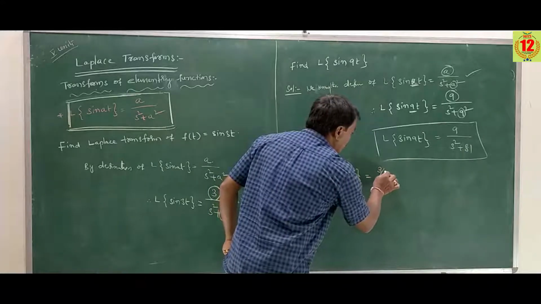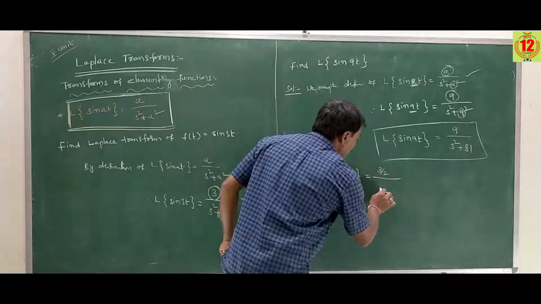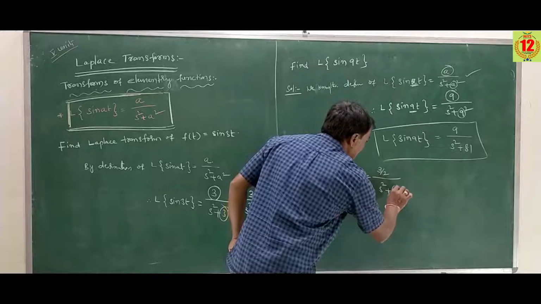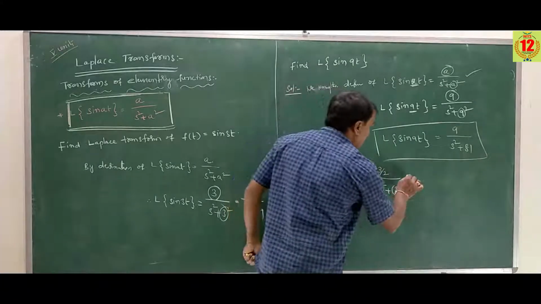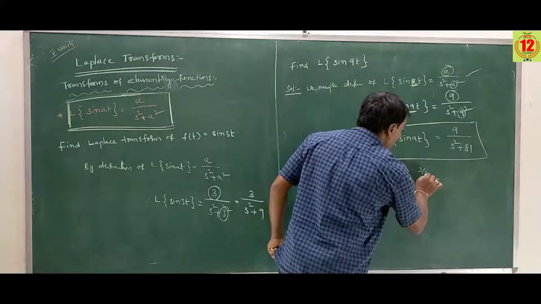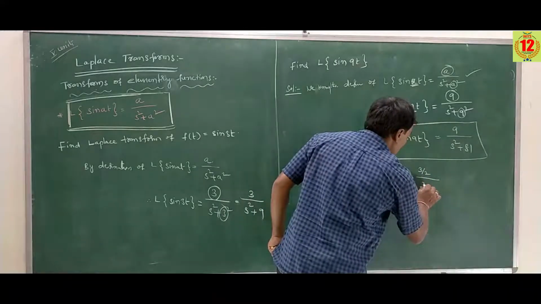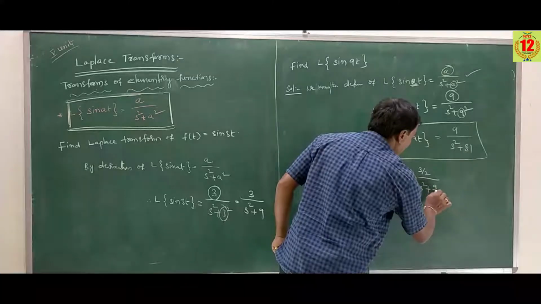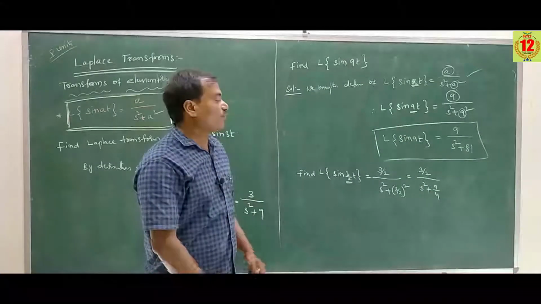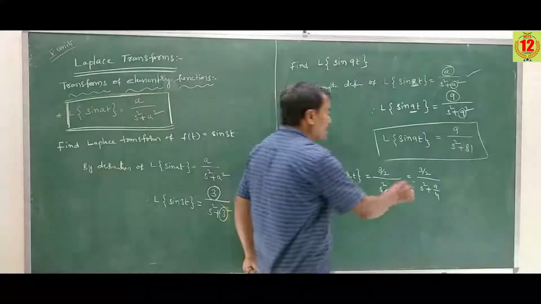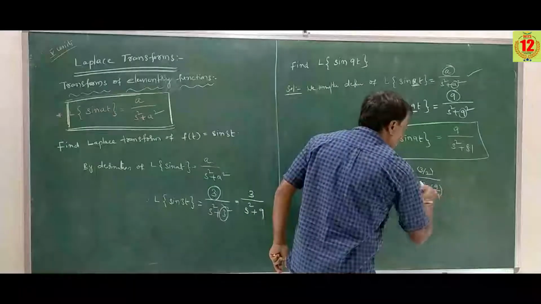So the numerator is 3 by 2, over s square plus 3 by 2 whole square, and this is equal to 3 by 2 by s square plus 9 by 4. This is the process of finding the Laplace transform of the given function.